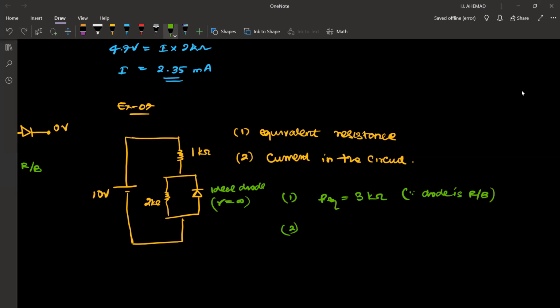And now you can apply V is equal IR. 10 volt is equal I into 3 kilo ohm. I is going to be 3.33 milliamperes.